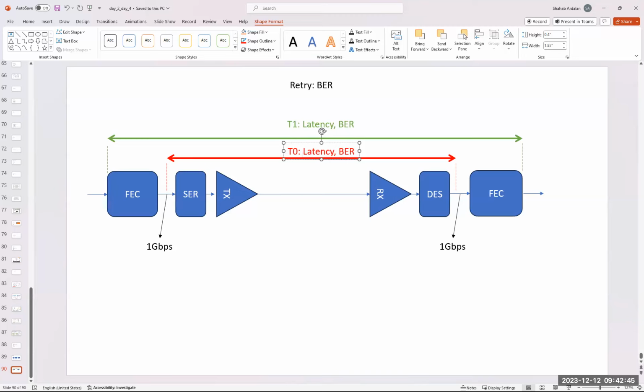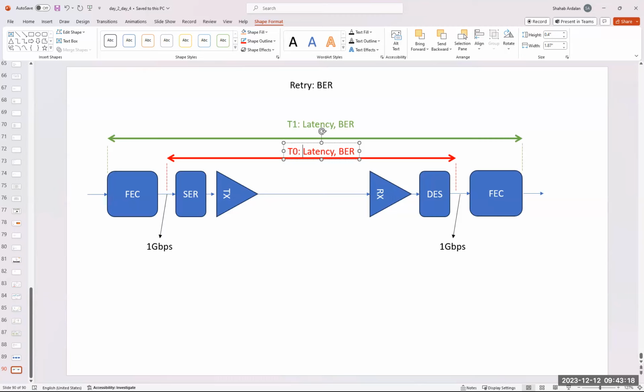It's not an absolute value like FEC and other methods. If I have a Reed Solomon, there is a specific fixed delay associated with it. Then I can say, if your serializer to deserializer bit error rate is 10 to the power of minus 6, and you add 20 nanoseconds of Reed Solomon 255 or whatever code it is, you can get to 10 to the power of minus 15 guaranteed with the 20 nanosecond delay.